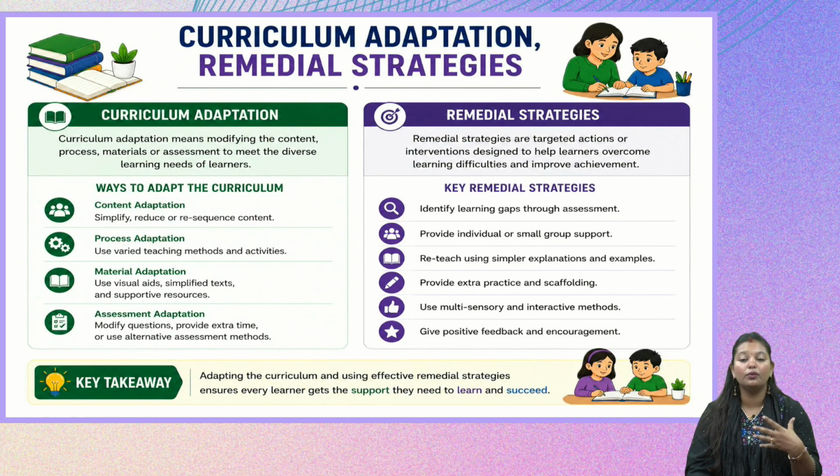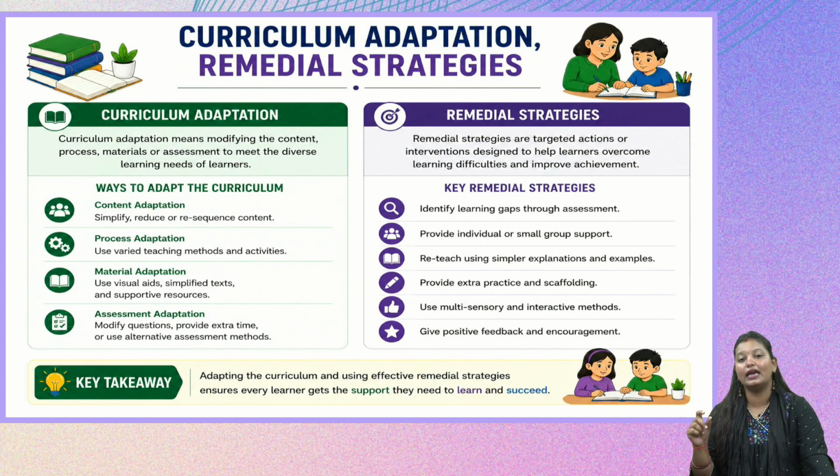We need to give them more practice exercises when it comes to various concepts. We should also use multisensory and interactive methods and teaching learning materials, so that the more the child interacts with the TLMs, the child will be able to retain that information and learn better.